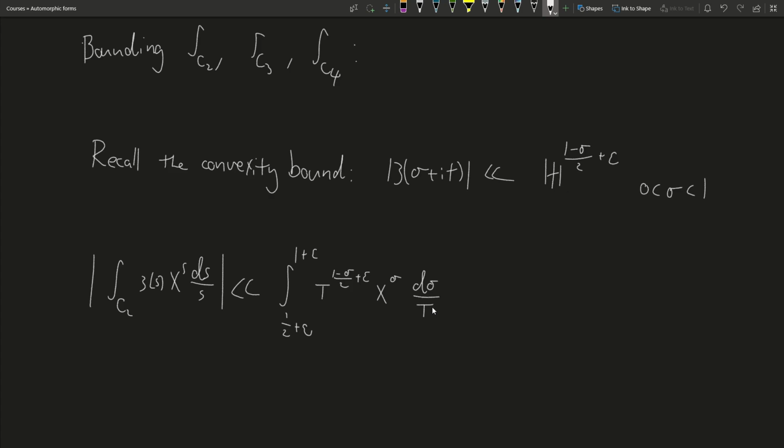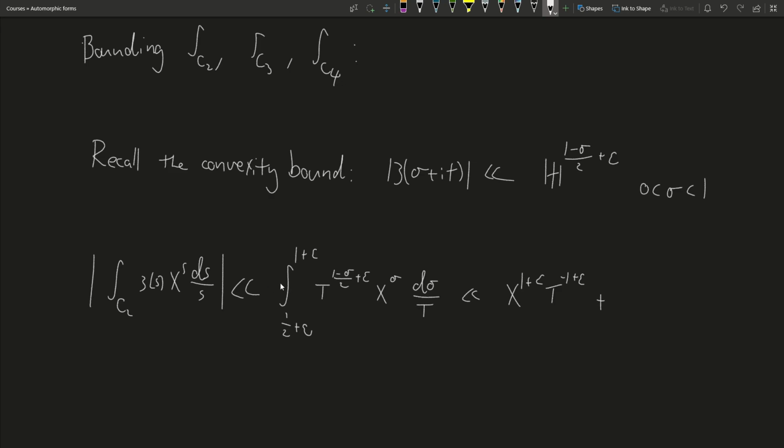Okay, and then this has an elementary antiderivative, so you can just write down what it is, but the shortcut is just to look at both endpoints. At the right endpoint, this t power essentially vanishes. You get x to the 1 plus epsilon, and then a t to the minus 1 plus epsilon.